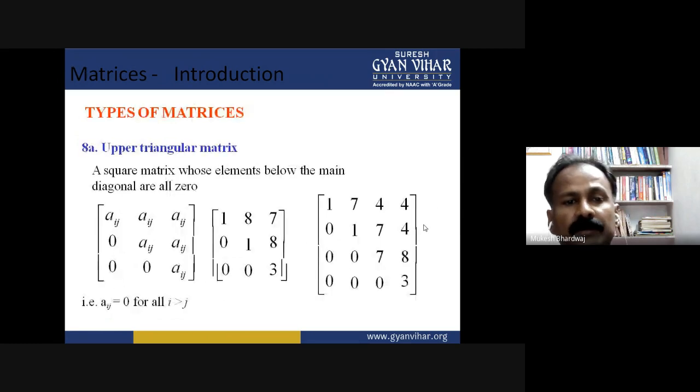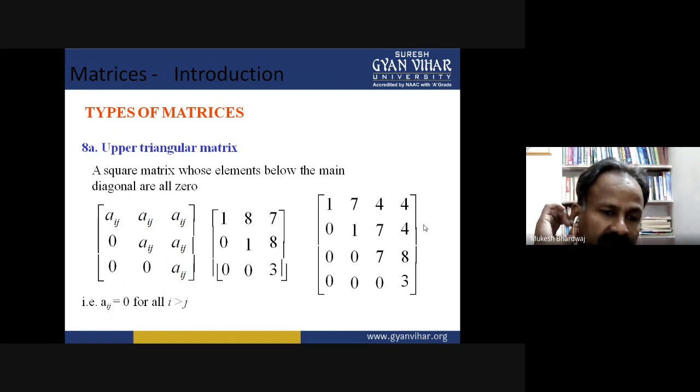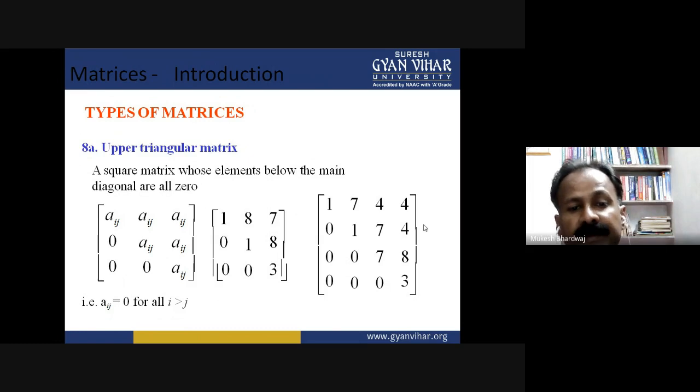An upper triangular matrix is a square matrix whose elements below the main diagonal are all 0. This is the general condition: Aij equals 0 for all i greater than j.